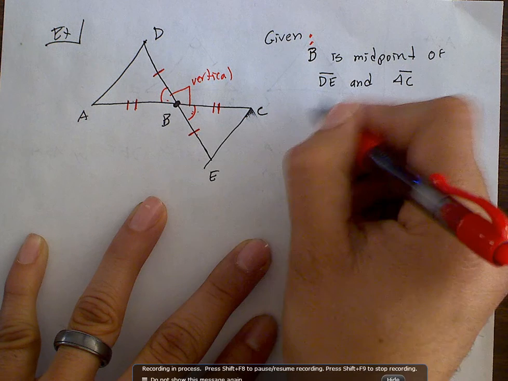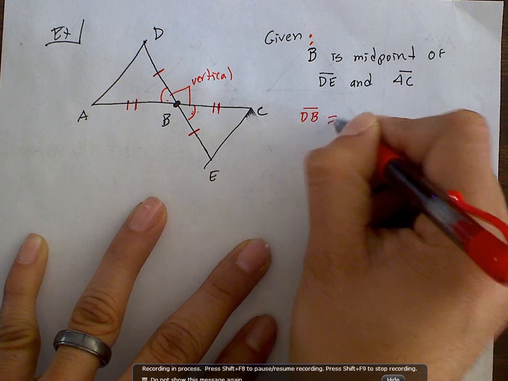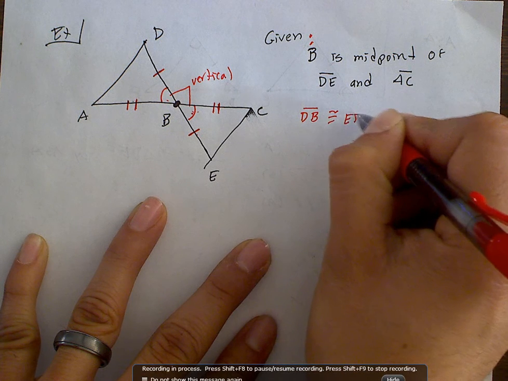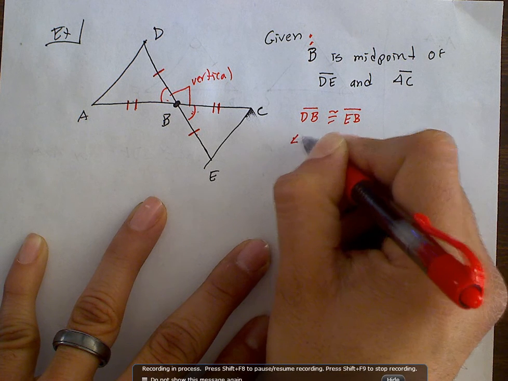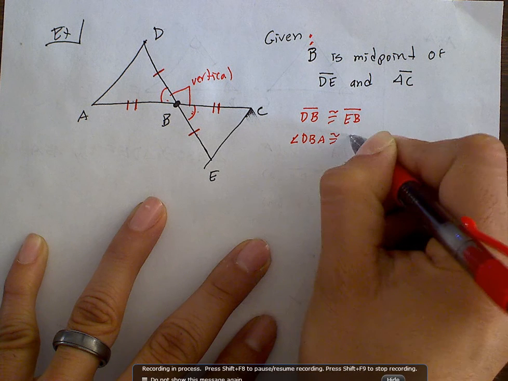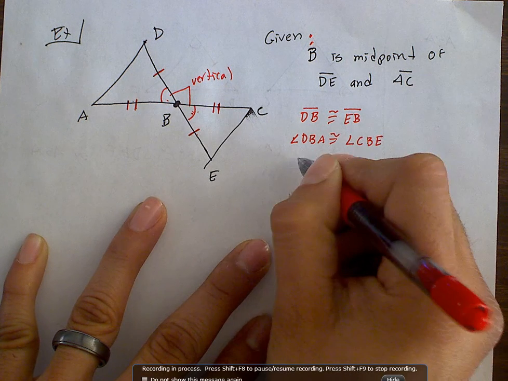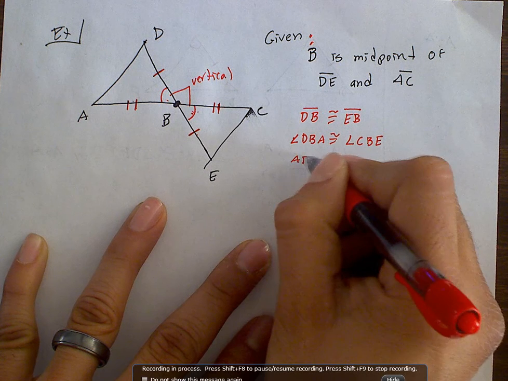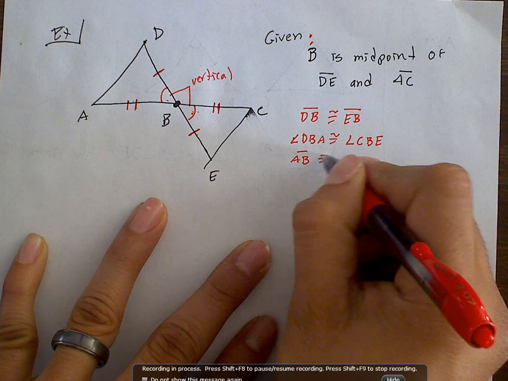So we know DB is congruent to EB, okay? Then we know that angle DBA is congruent to angle CBE. And then finally, we know that segment AB is congruent to segment CB.